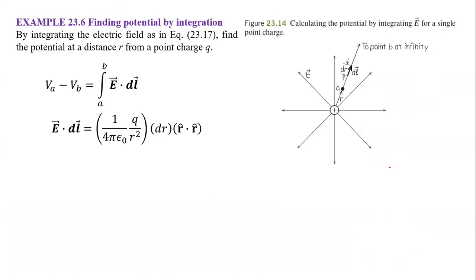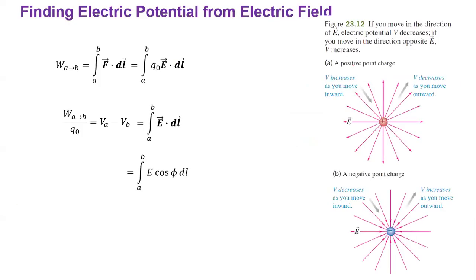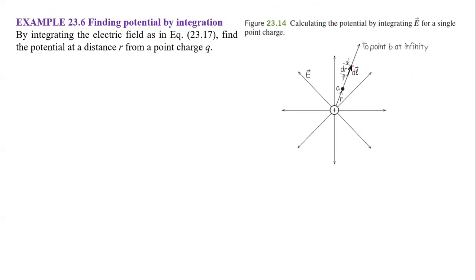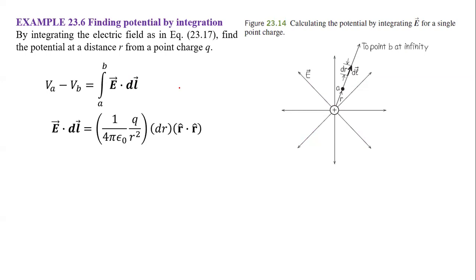The electric field is in the direction of r hat, and our displacement vector dl is also along r hat, so r hat dot r hat is equal to 1.